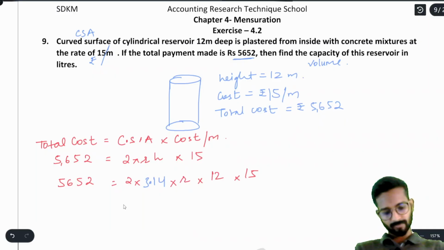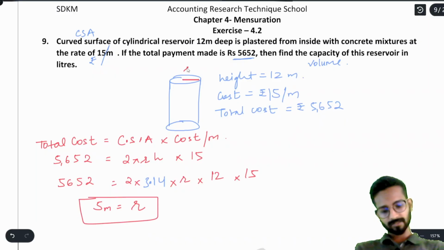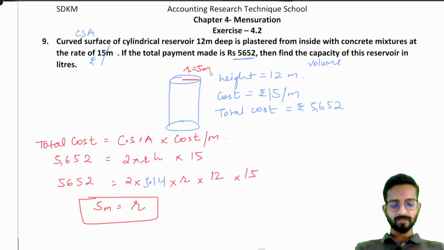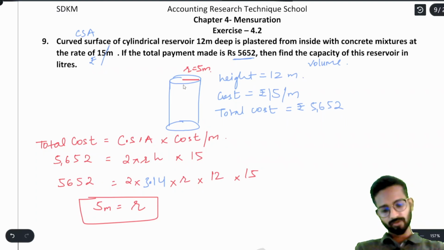Then after solving this, you will get radius is equal to 5 meters. Okay, it means what? That this radius is 5 meters. Simple enough. Now when this radius is given that it is 5 meters, you have radius now, you have height also. Height is how much? 12 meters.